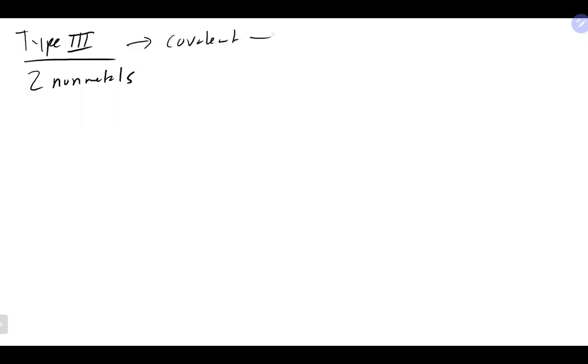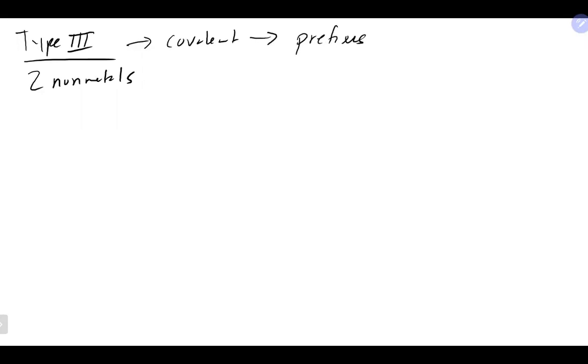Then we talked about type 3 compounds, and type 3 compounds are non-metals together. And these do use prefixes. This is covalent bonding, this is sharing of electrons. This is where you want to use prefixes, nowhere else.